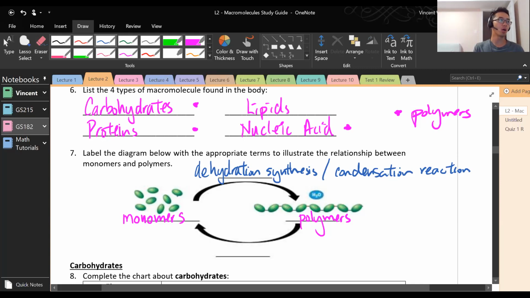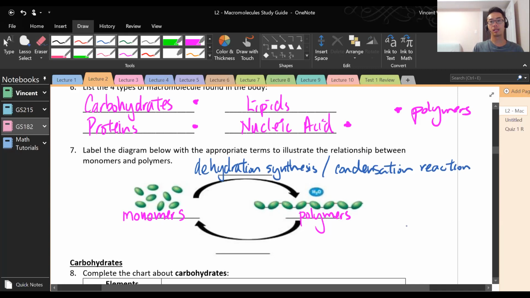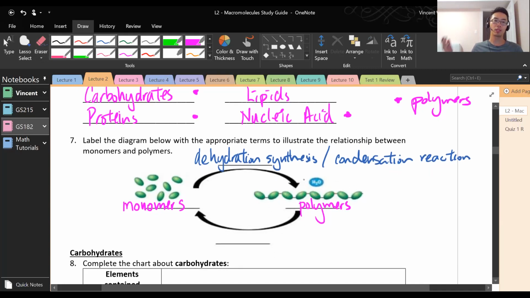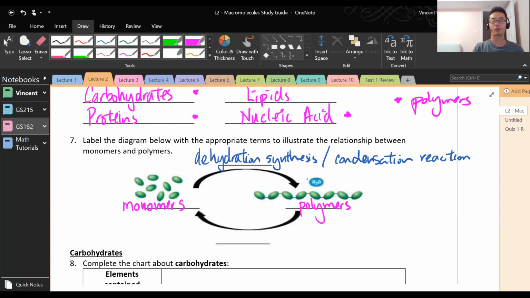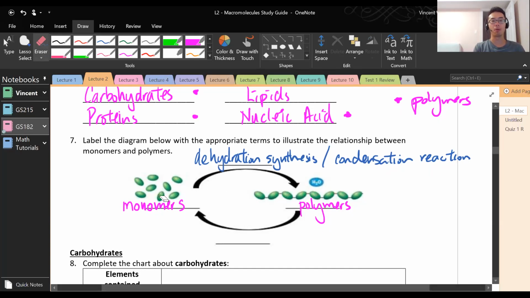When you remove a water molecule, you form a covalent bond that links the monomers together, and you end up having the polymers. When we eat the polymers, like your rice or pasta, you're eating carbohydrates, and your body will break the polymers back into the monomers. To do that, you use what's called hydrolysis. Hydro is water, lysis is to break. So you break the chain using water molecules.